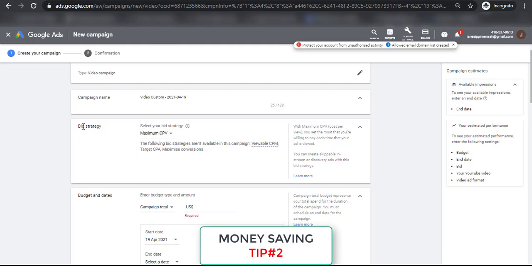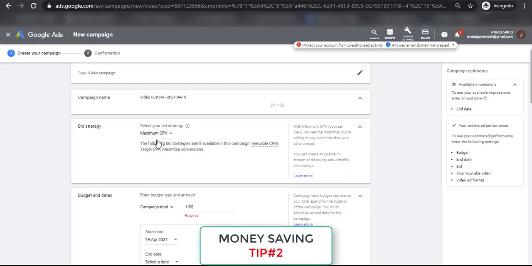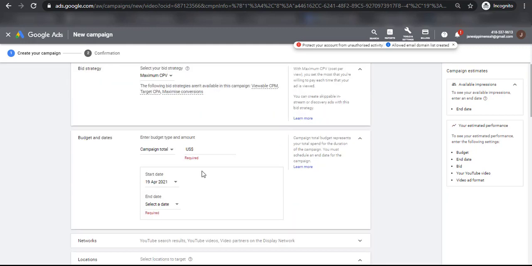In my case, I tested targeted cost per 1,000 impressions, and as compared to this, I realized this worked well for me. So between the two, my other money saving tip is this. Okay, so let's keep going.